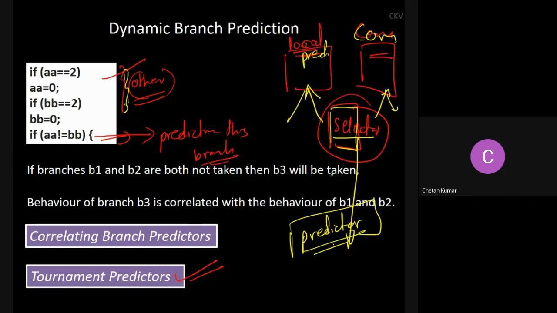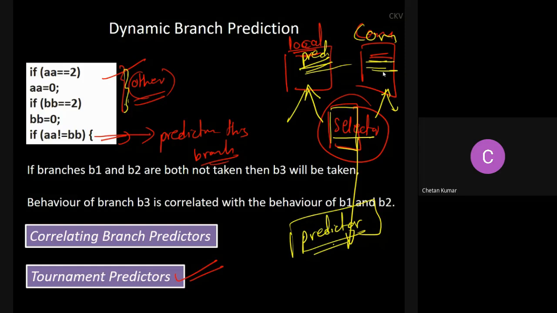It will predict which one would result in better prediction, either to choose the local predictor or the correlating predictor. That will be decided by this selector. You can think of the selector as another predictor which will predict whether the first predictor will give you a better result or the second predictor will give you a better result, and based on that it will make a decision.